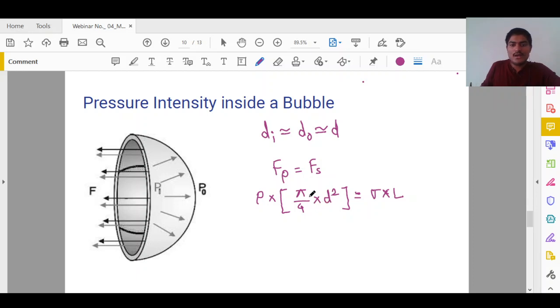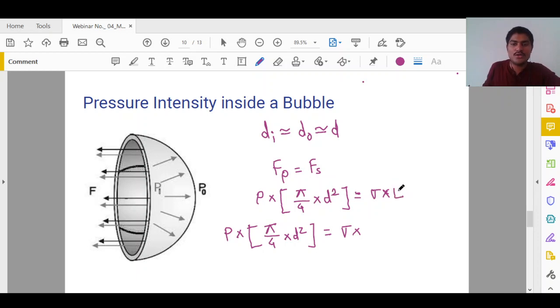Already we have done this in the same way. Now, if I write P into the left hand side of the equation, pi by 4 into d square, this will equal sigma times L. What will be the L? L is the length over which the surface tension force is acting.